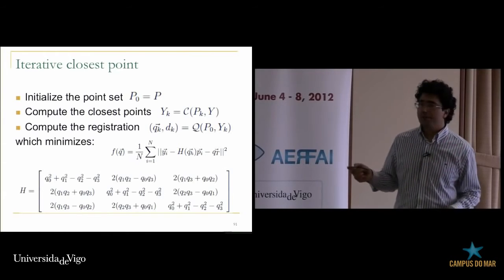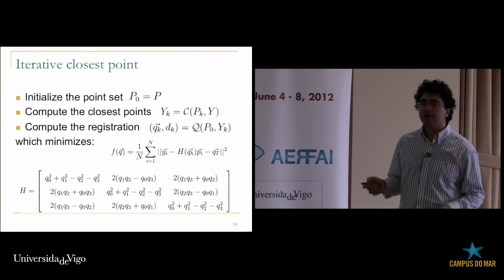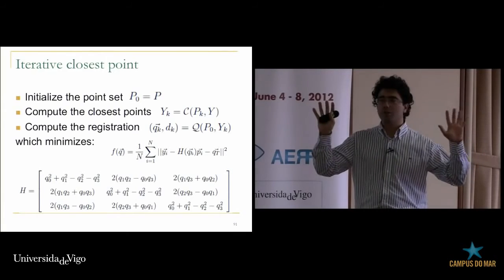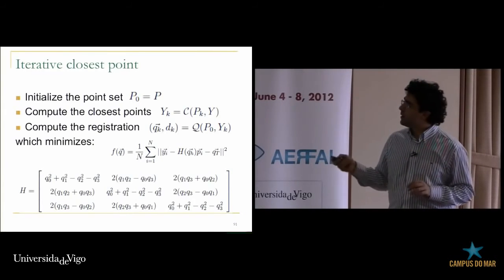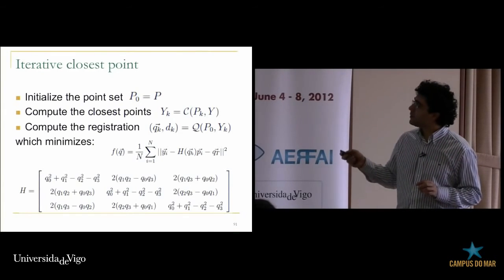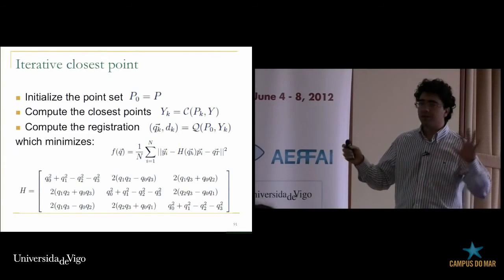Now, for doing ICP, you initialize your point set. Let's say you have 2 point sets that you want to align. Okay, P0 is your first iteration.